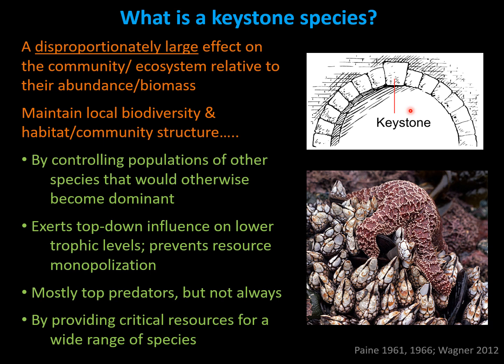Well, the evolution of this concept can be traced all the way back to the 1960s, when Robert Paine, an ecologist, described that sea stars can function as a keystone species in coastal intertidal ecosystems. In this case, the top predator, the sea star, preys on certain dominant mollusks.